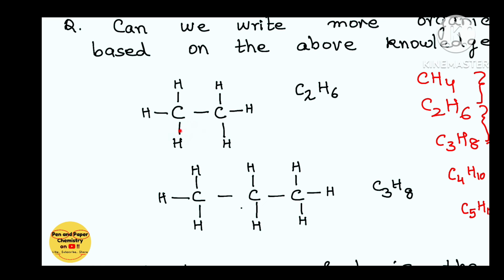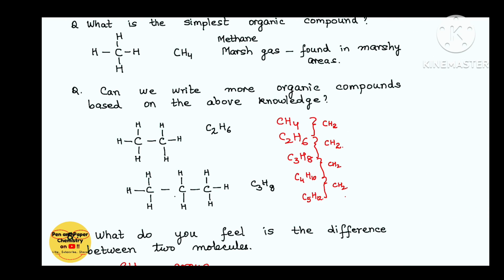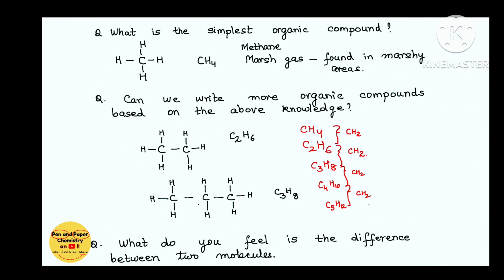They are fully satisfied. Only single bond between the carbon atoms. Understand the word that I am saying, only single bond between carbon atoms. I am not saying single bond between carbon and the other atoms. Why am I stressing on this word? I will explain to you later.